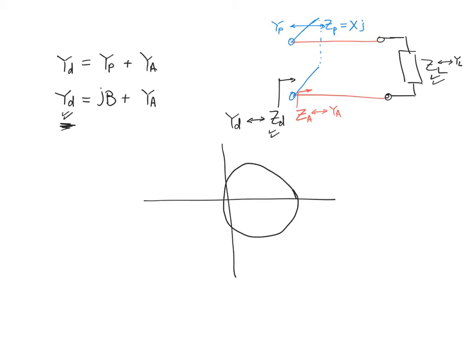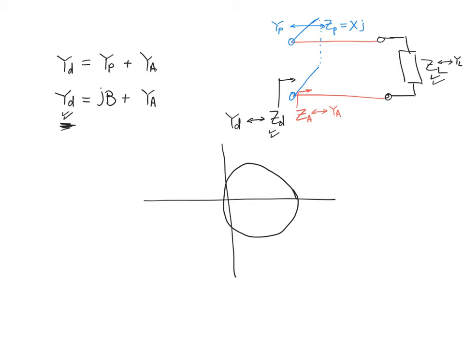The other locus that I have is that both ZA and ZL belong to the same transmission line. So I start here with ZL and I move across the transmission line until I get ZA. This is before connecting the parallel part, right?